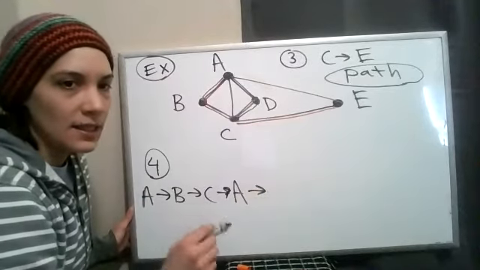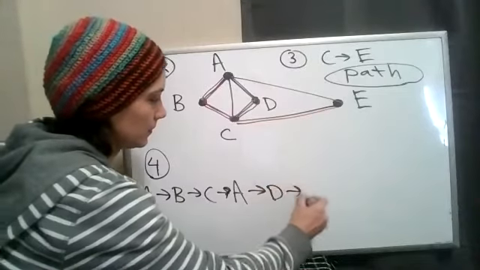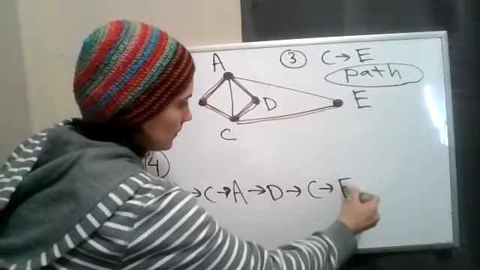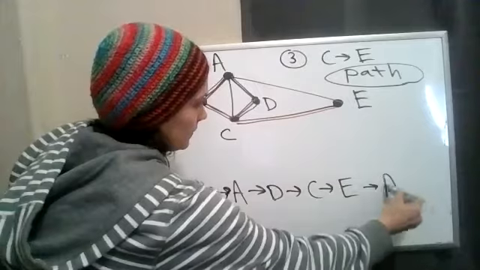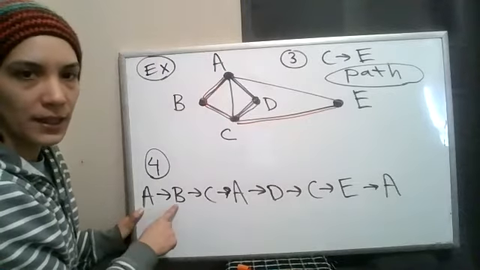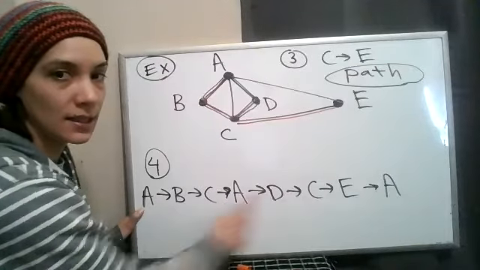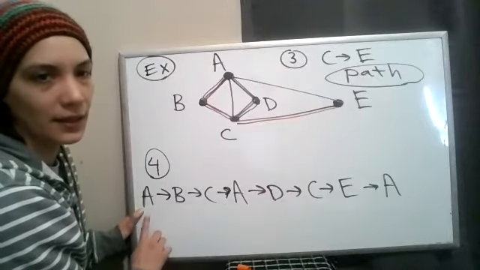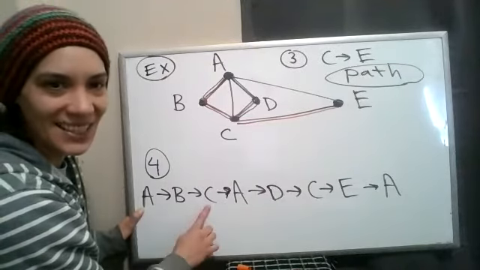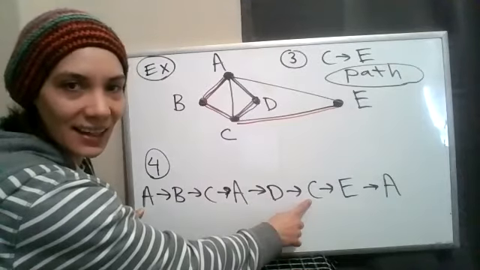Then it's D, C, E, A. Again. A, B, C, A, D, C, E, A.